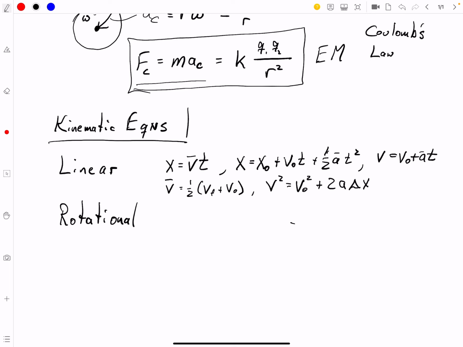And let me make sure. I think that does it. So then we had the very same equations rotationally.